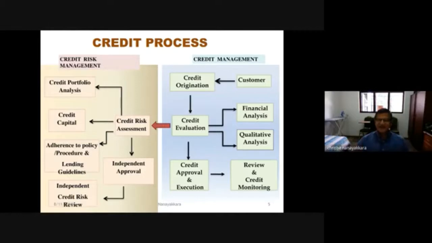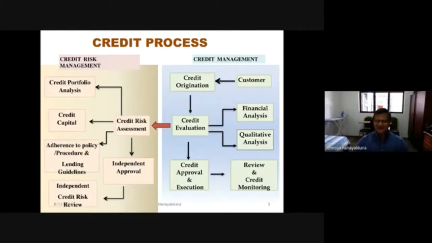If those things are in order, and your financial analysis and qualitative analysis are in order, credit risk management will also give independent approval. So when the business unit gives approval, the facility will go through. Thereafter, what you need is to execute the securities and run the facility.